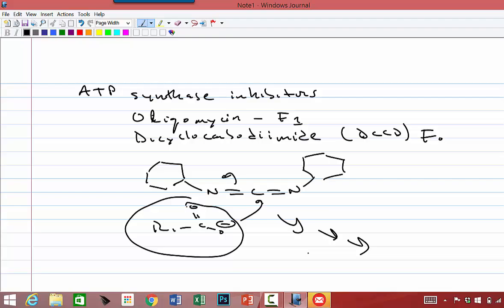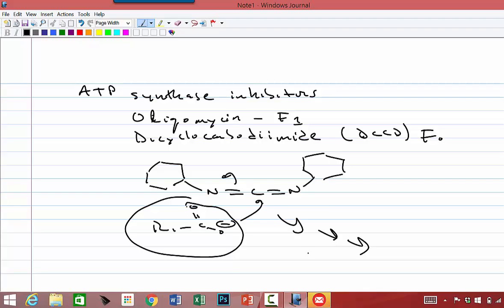And do you remember I talked about how these protons get transferred in the F0 part, right? It gets transferred from one carboxylic acid to another. Now if you block these carboxylic acids by this DCCD, it can no longer carry those protons through the F0 part, and therefore you cannot rotate that gamma subunit that's essential for ATP synthesis.